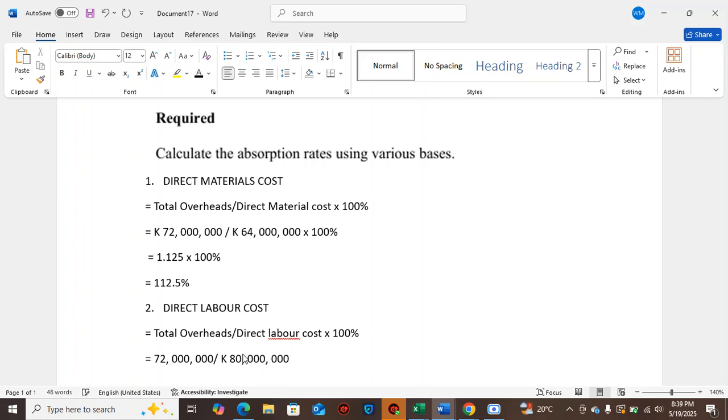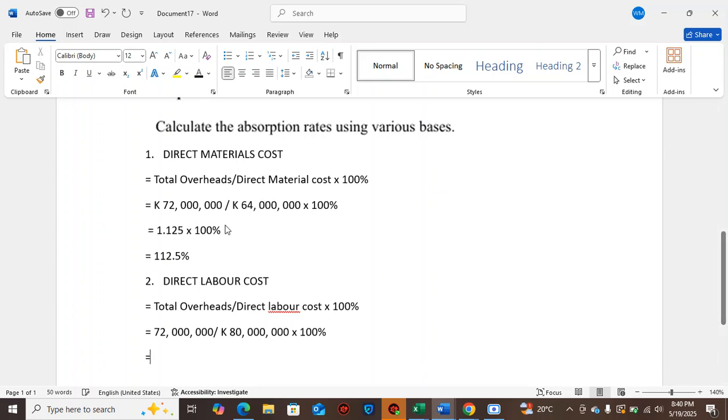The whole concept here is you're just saying out of your direct labor cost, what percentage are the overheads representing? Out of your direct materials cost, what percentage are the overheads representing? And that would be your absorption rate. So 72 million divided by 80 million, what do we get?